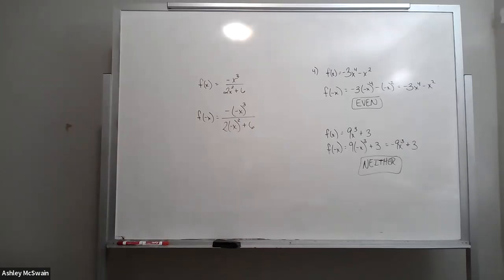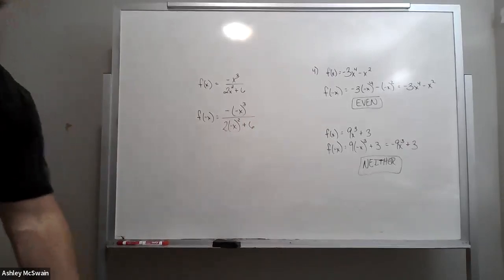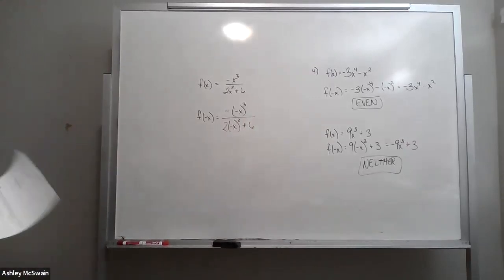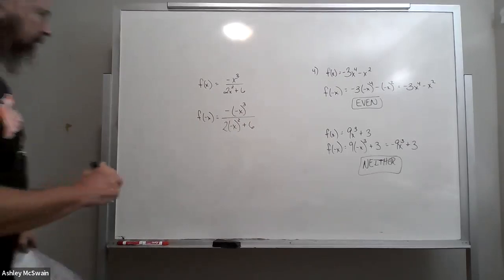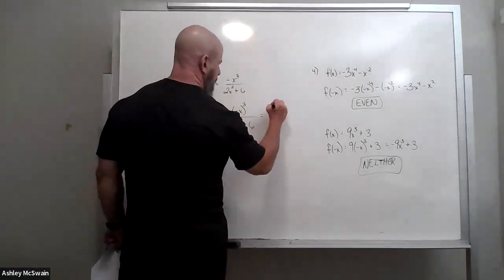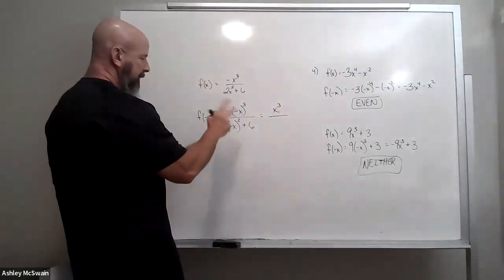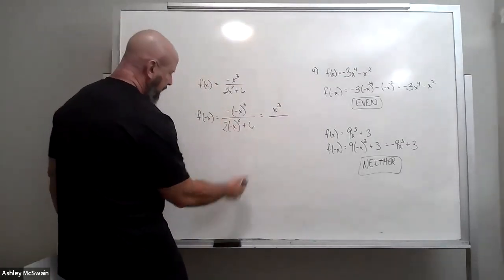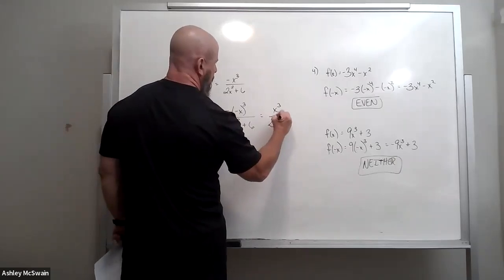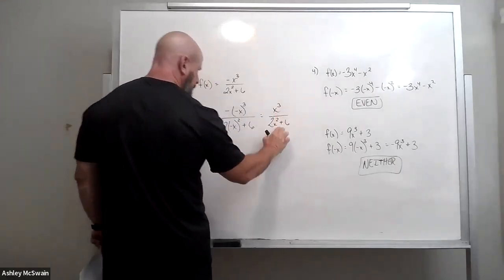So see, in the numerator, negative x cubed is a negative. And times that negative 1 on the outside, that's just going to be a positive x cubed then. And in the denominator, negative x squared is positive, so it's going to be 2x squared plus 6.